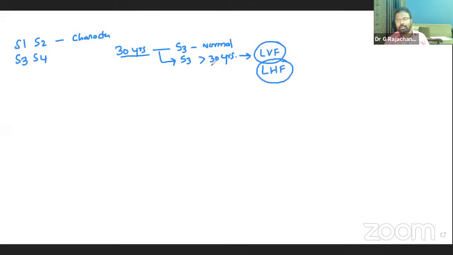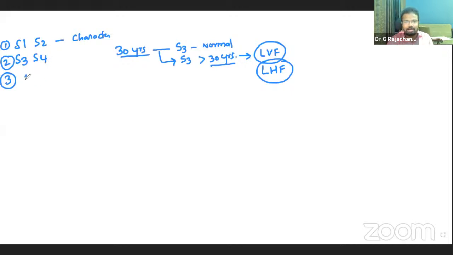So if it is above 30 years of age and there is an audible S3, it is diagnostic of left heart failure. First point is S1 and S2. Second point is S3 and S4.